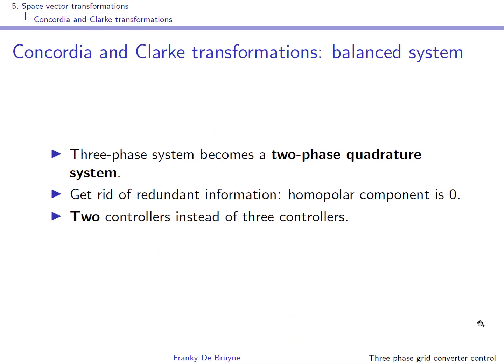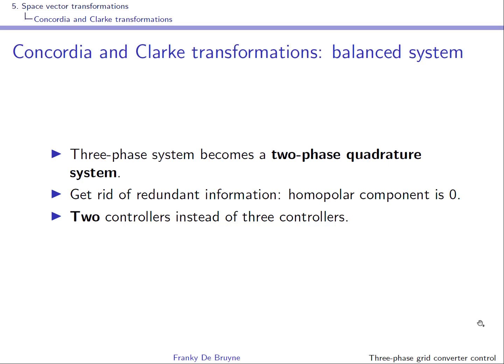We'll be working with balanced systems, so the advantage of these two transformations is that a three-phase system becomes a two-phase system where the two phases are in quadrature. This means that the two phases are shifted by 90 degrees, and we get rid of redundant information because in a balanced system the homopolar component is always 0.